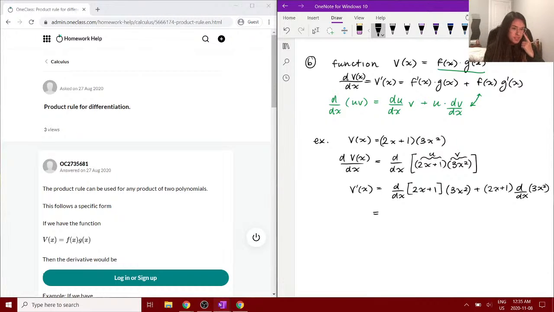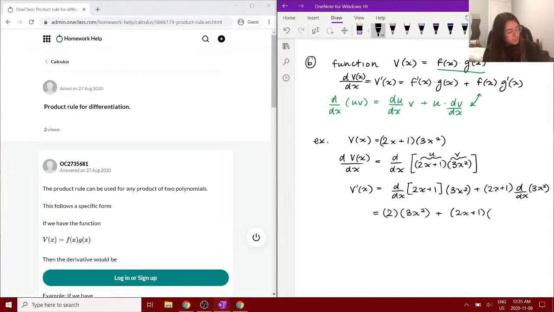You can obviously skip steps if this makes sense to you. So we get 2, that's the derivative of 2x plus 1. And remember, we just have 3x squared stay the same. So plus the next term, we have 2x plus 1 stays the same, times the derivative of 3x squared.